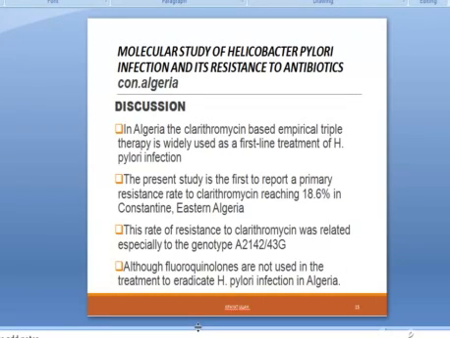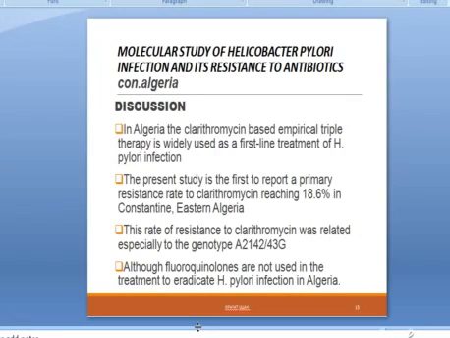Discussion. In Algeria, clarithromycin-based empirical therapy is widely used as the first line of treatment of H. pylori infection. The present study is the first to report a primary resistance rate to clarithromycin reaching 18.6% in Constantine, eastern Algeria.